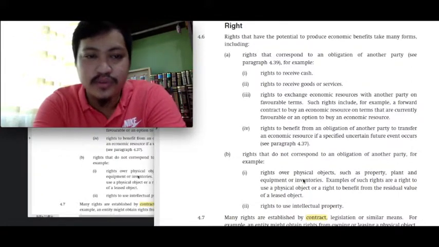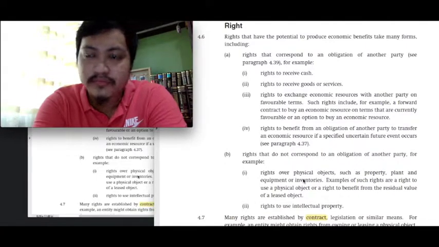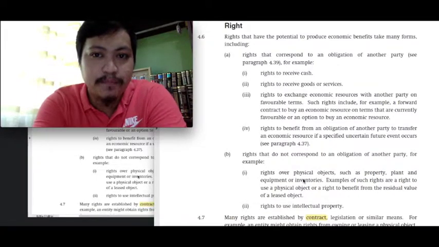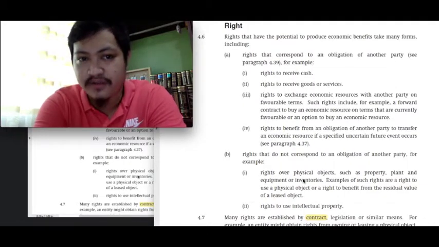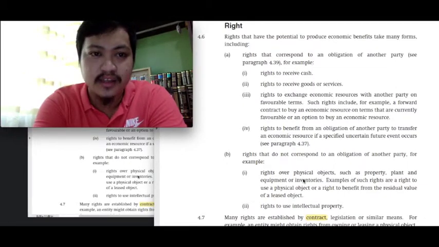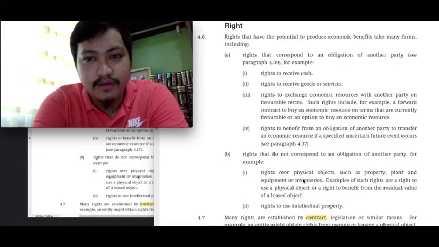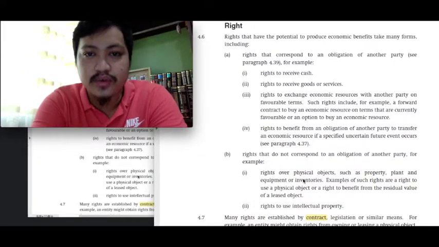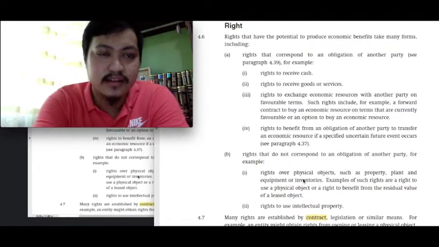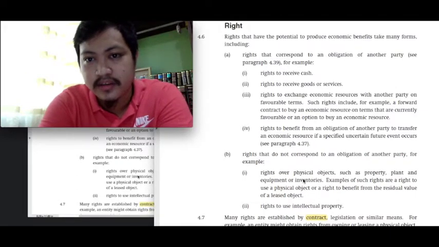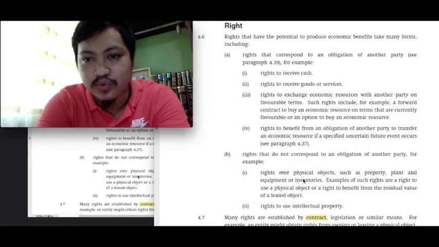Rights to receive goods or services. So if you paid your supplier in advance, class, then you will already have advances to suppliers. And these advances to suppliers represent your right to receive goods or services from your supplier. That's why you can already recognize the asset, the advances to suppliers.